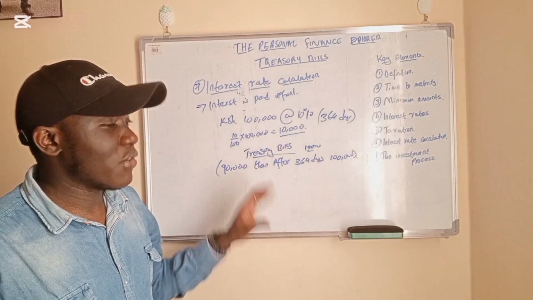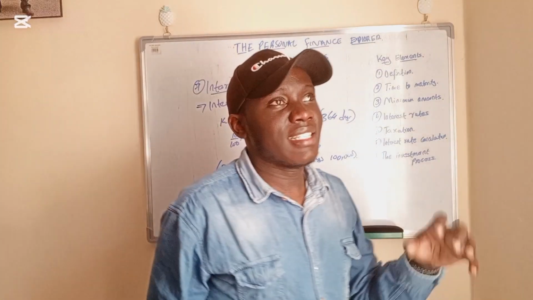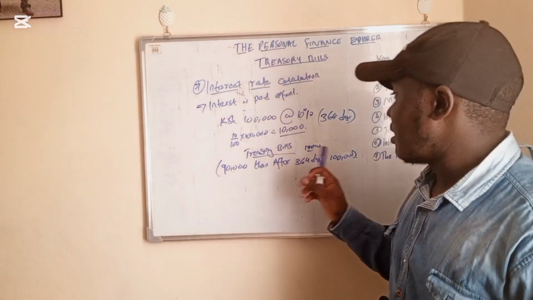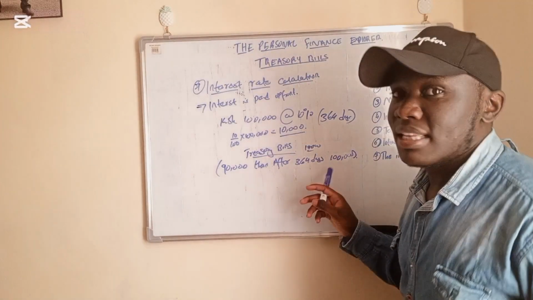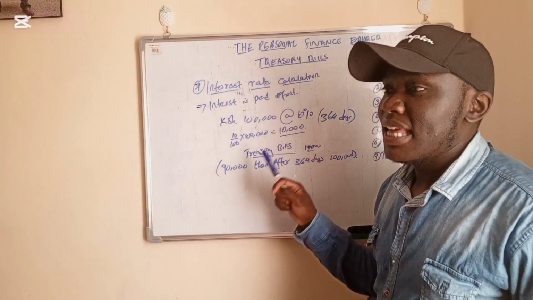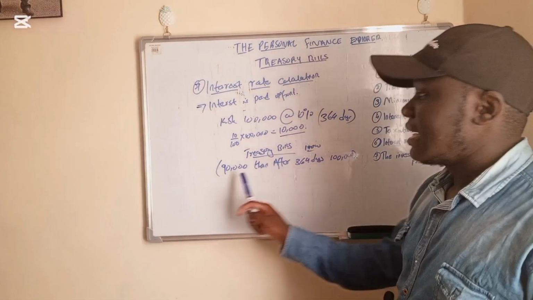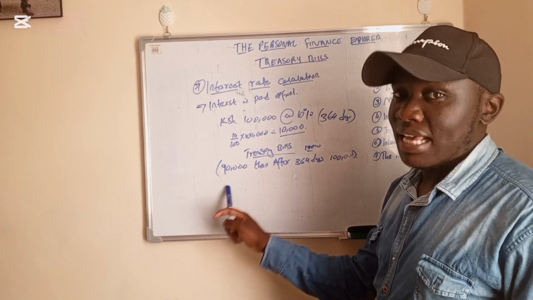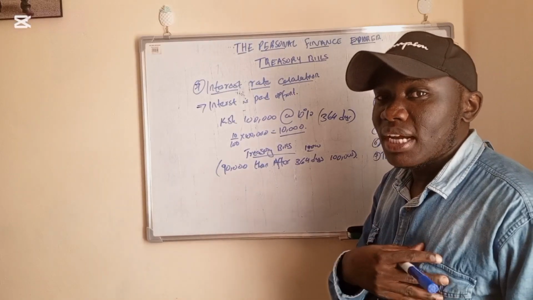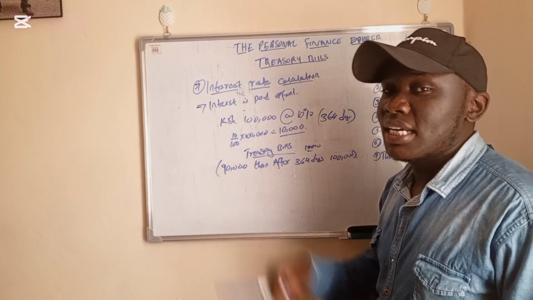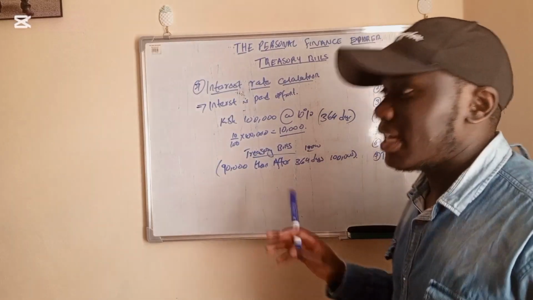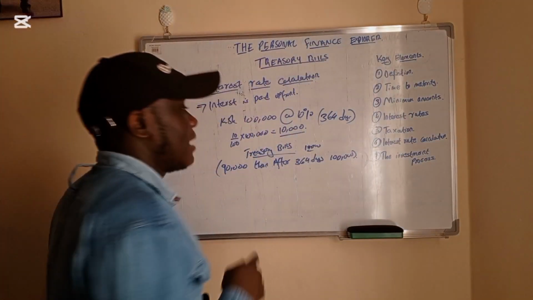So I hope you get the concept that interest for treasury bills is paid upfront. You tell them the amount you want to invest, they calculate the interest you are supposed to earn, then you send the amount you wanted to invest less that interest, meaning that you are left with your interest. You have already earned your interest.